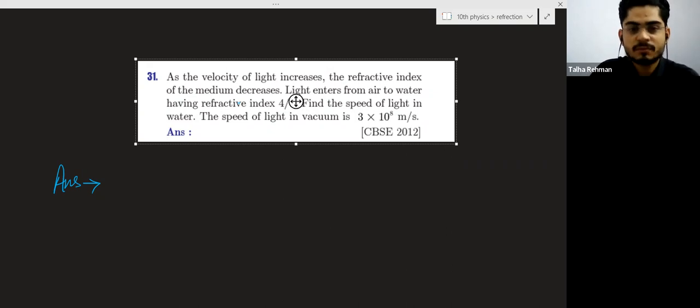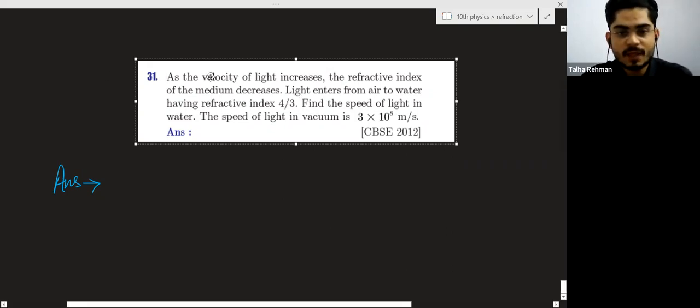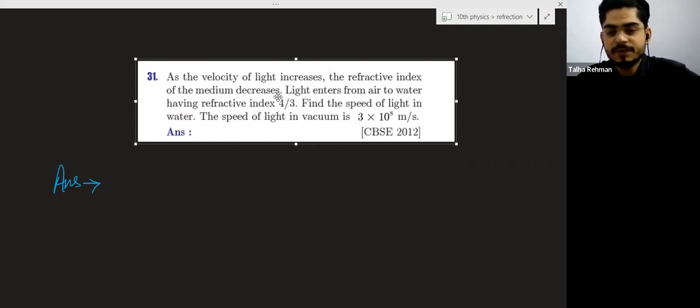They are saying as the velocity of light increases, the refractive index of the medium decreases. We already know that on increasing the refractive index of a medium, the speed of light in that medium decreases.